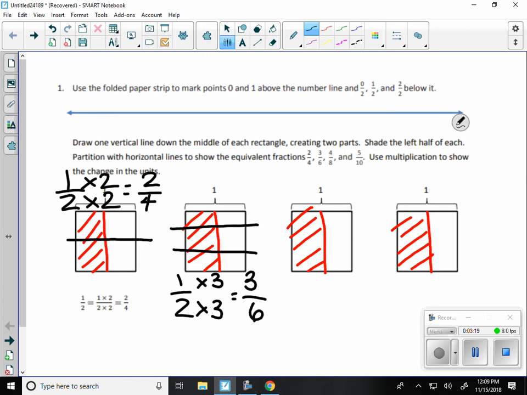Did I change the fact that there was still half of it shaded? No. But now there are 1, 2, 3 shaded out of 6. 3/6 is equivalent to 1/2. They're equivalent. All you did was make it a bigger fraction. Different numbers, but it's still equivalent.